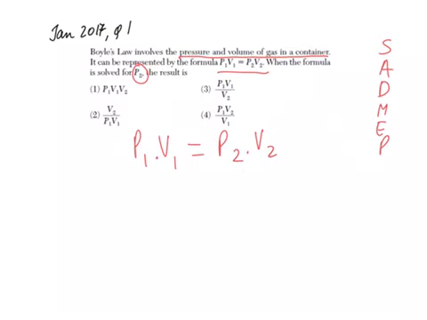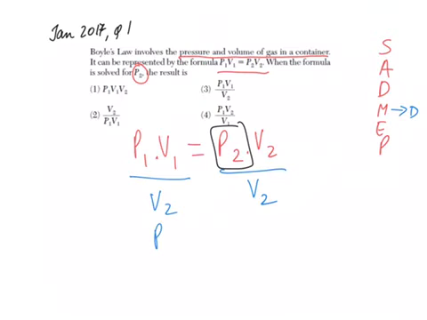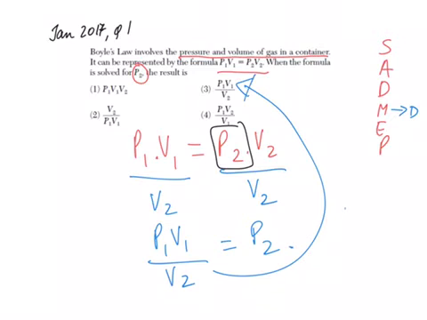Remember, this is multiplication. We want P2, that's our question. So let's get rid of this. What's the opposite of multiply? Divide. So divide V2 on both sides. So P1 V1 divided by V2 is equal to P2. So let's look for this. Answer choice 3.